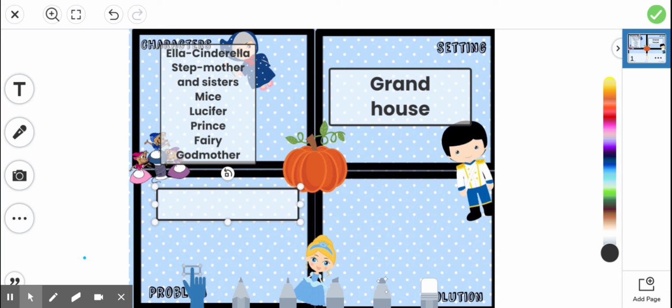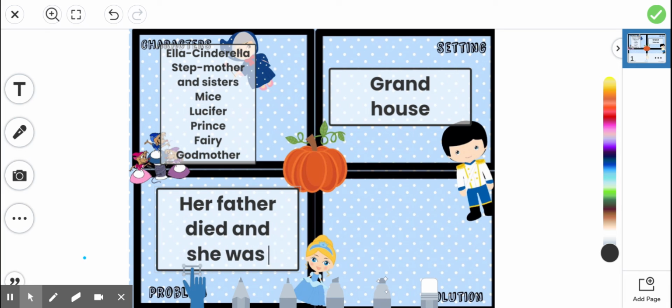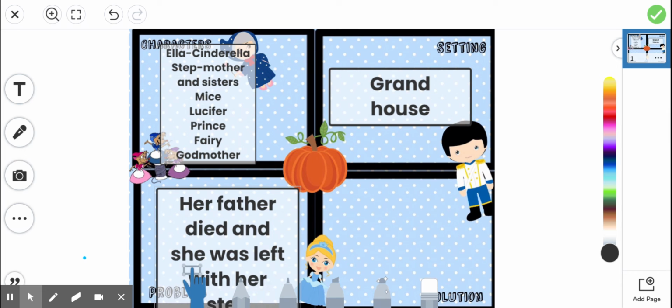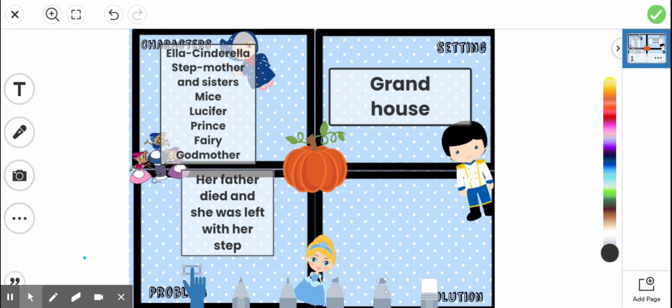But the problem that I think started off this story was that her father died and she was left with her stepmother. And then, of course, the stepsisters were also living with her.